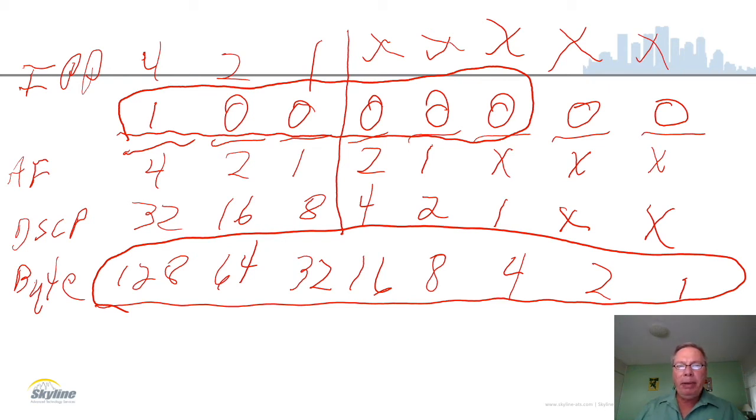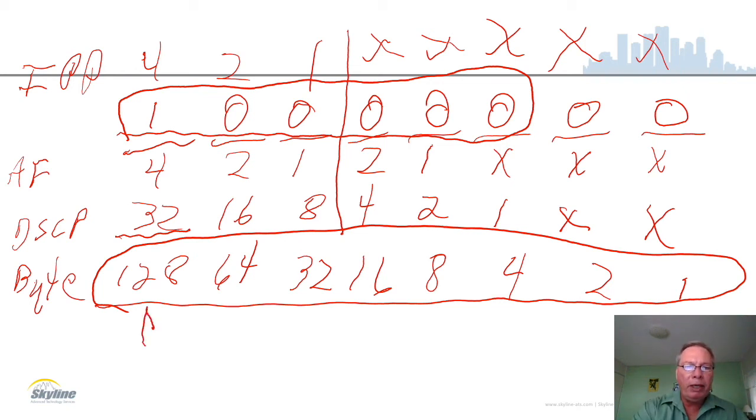In DSCP, the bit that's high is the 32 bit. So IP precedence 4 looks the same as CS4, except CS4 pays attention to 3 more bits. CS4 looks exactly the same as DSCP 32. Okay? We've given a different value to the bits.